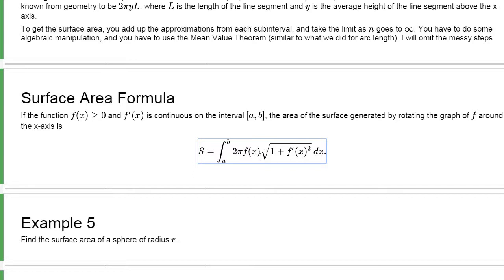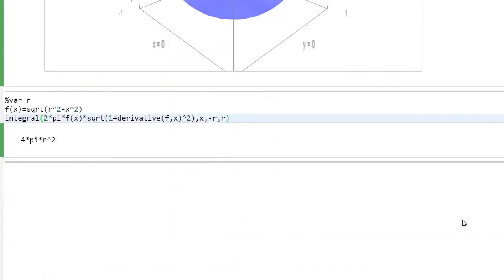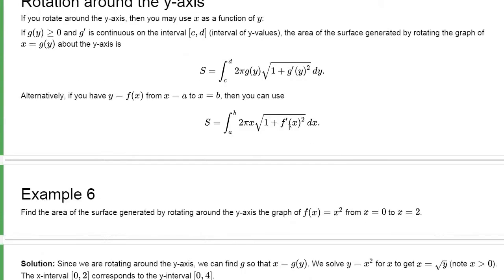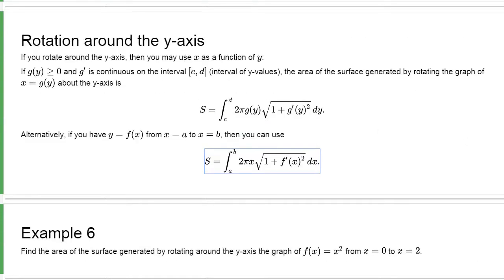The cone is sitting on its side, so the y value gives me the radius, and then you have the length. In this case, when I'm rotating around the y-axis, the cone is sitting upright, like the way we expect it to. The radius is now given not by the y value, but by the x value. So you can just put in x here: 2 pi x, and then this is the length one.